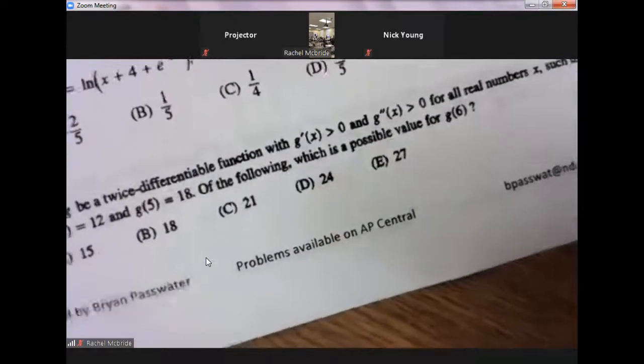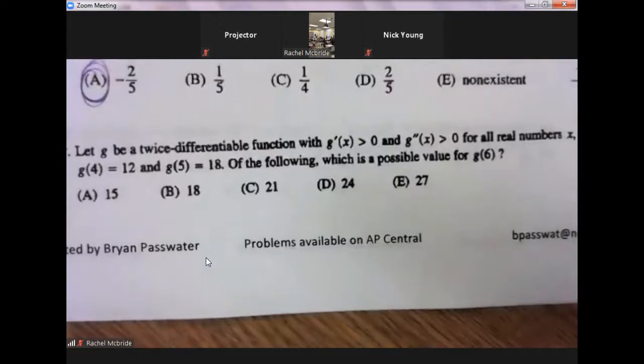All right, number 5. So there are about 15 of us in here. 22% of students got this correct when it was given on their AP exam. So my hope would be that 3 of us get this correct. If 3 or more get it correct, then we beat the class or national average.